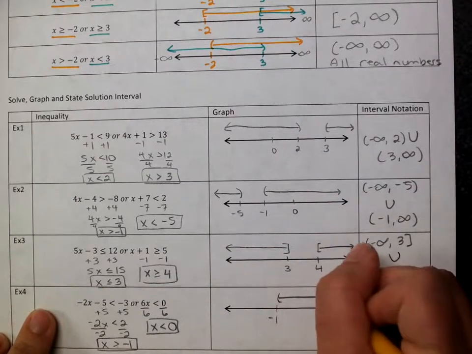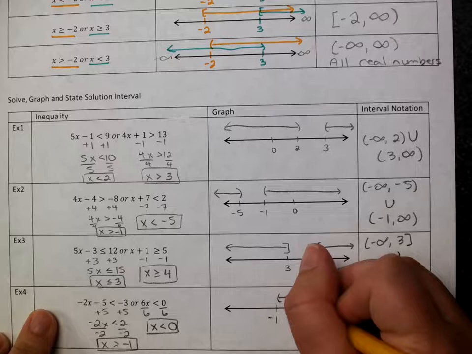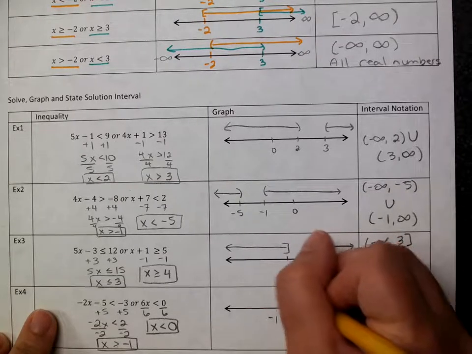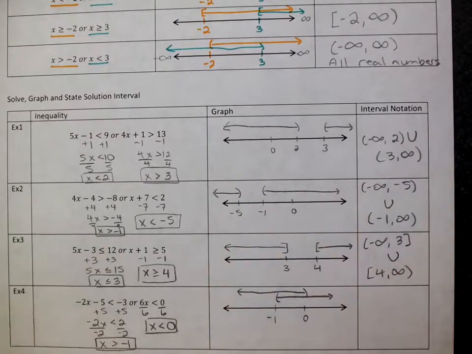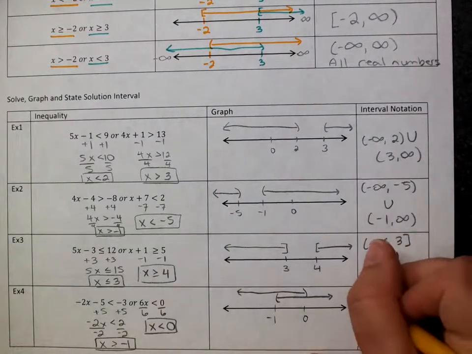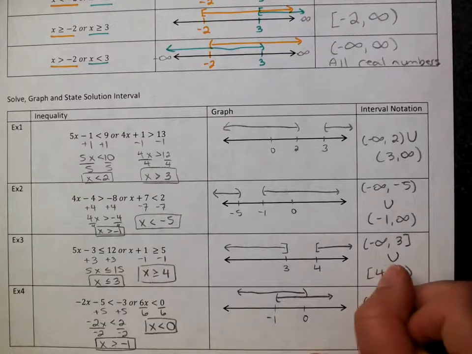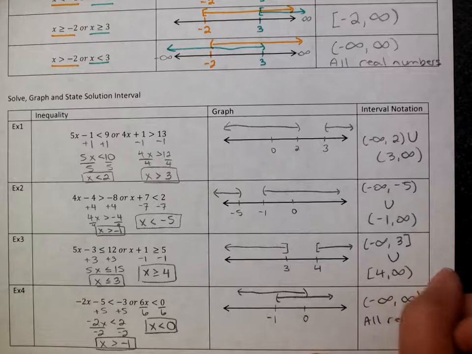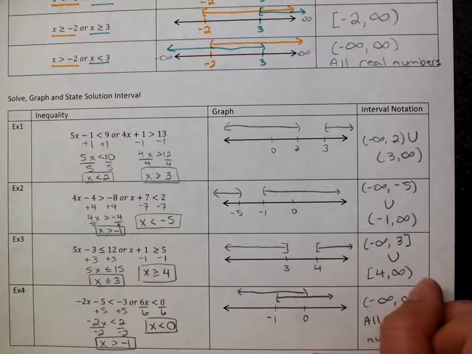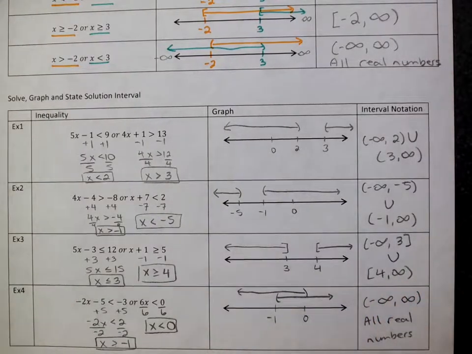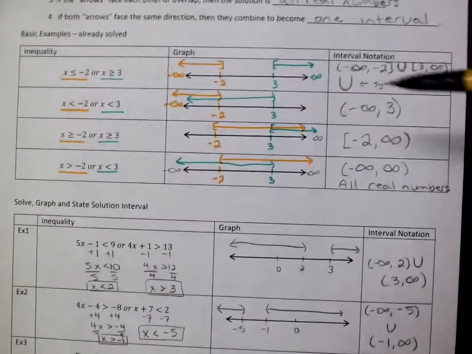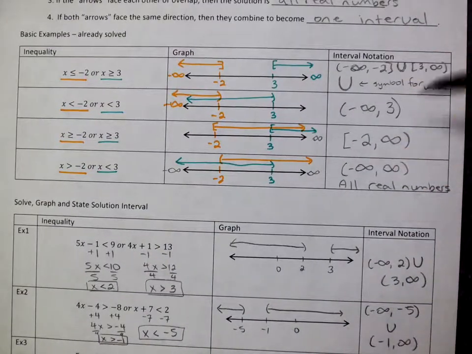Greater than goes this way. And x is less than 0. Less than goes that way. They overlap, and you just kind of smush them together, and it continues on forever in both directions, from negative infinity to positive infinity, or all real numbers. So you just solve each one, graph each one. It's going to turn out to one of these 4 options, and you write your interval notation accordingly.